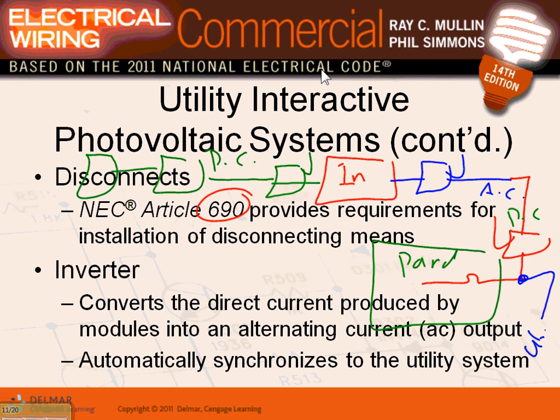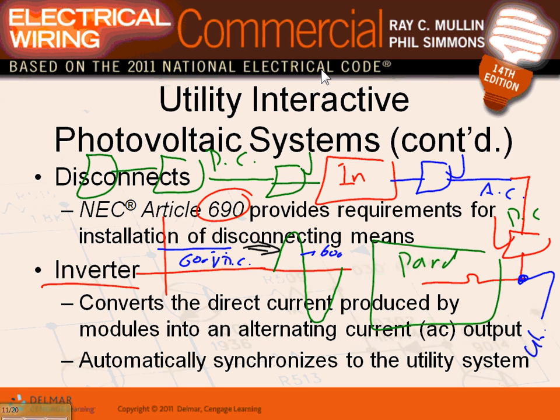The second thing that you need to know is the inverter, guys. What does the inverter do? Take DC, convert it to AC. That's the major job of an inverter. Take a generated voltage that looks something like this, let's say 600 volt DC, and convert it into a beautiful signal that looks something like this, and this voltage RMS value is 600 volt AC.